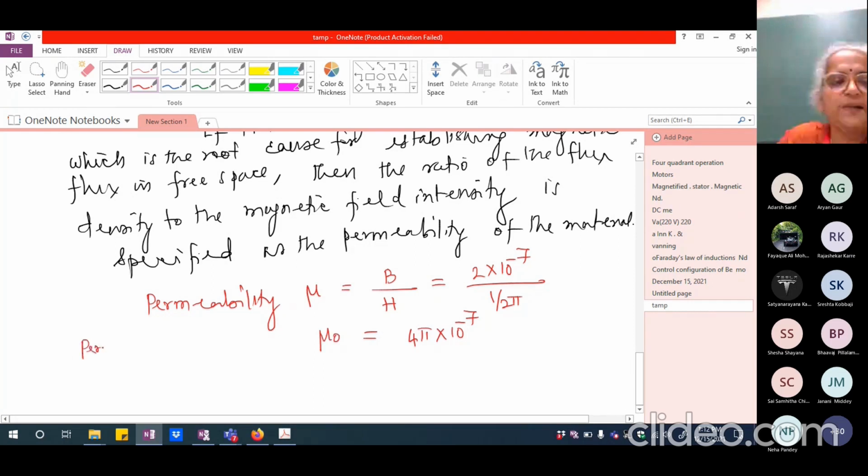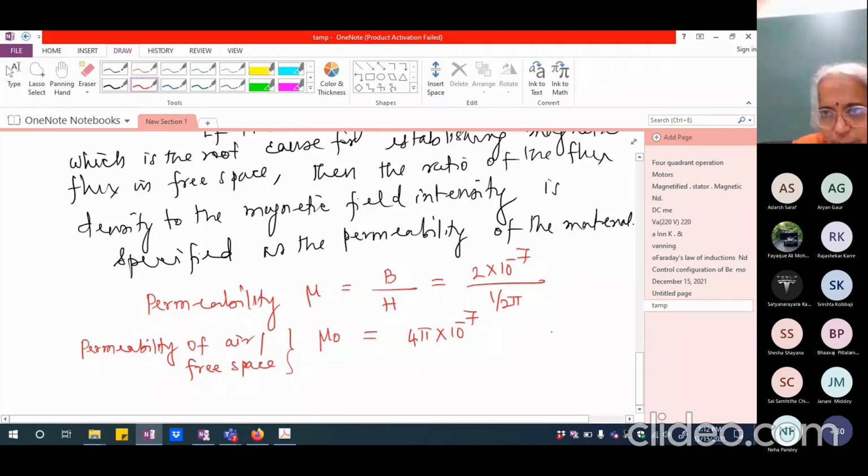So the permeability of any non-magnetic material, we are generally going to call mu naught. So this is the permeability of air or free space or any non-magnetic material. The result is the established flux.